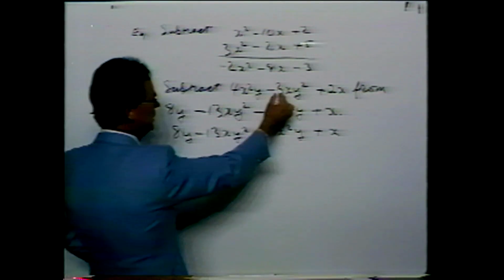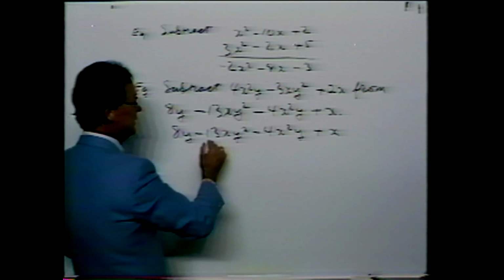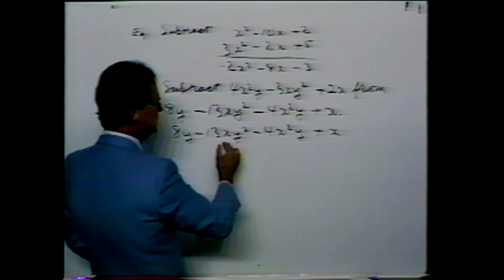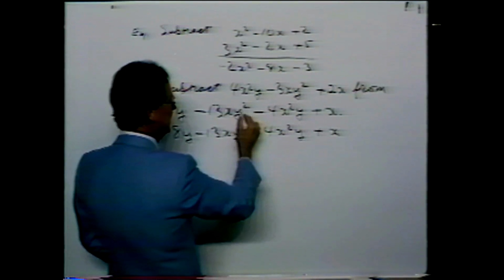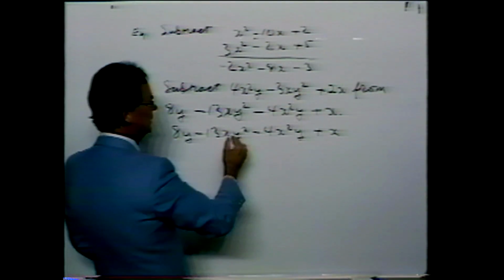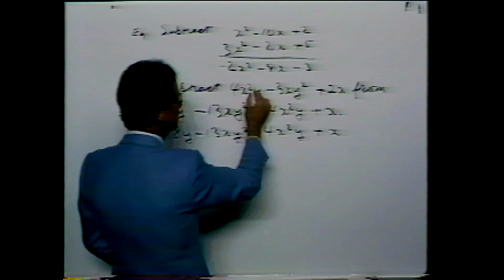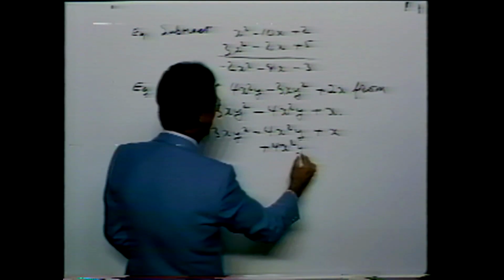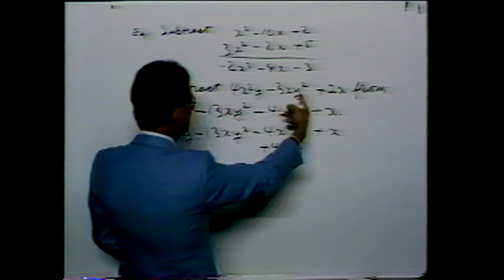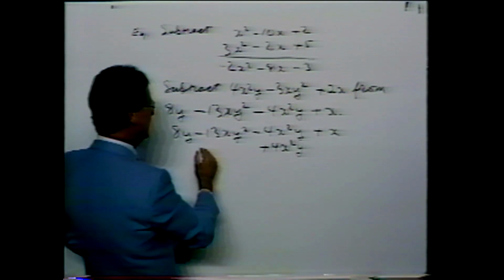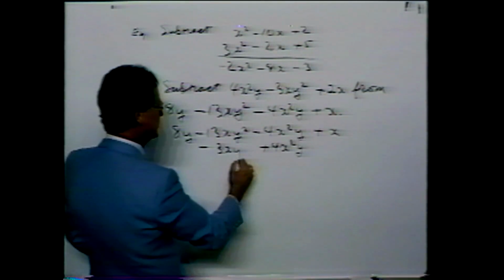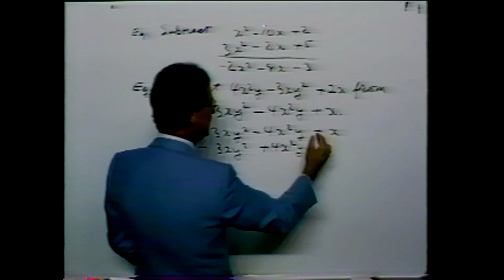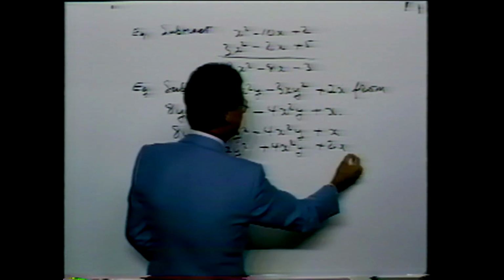Taking each term by term, placing them in the correct place, taking into account like terms, we have 4x squared y, and that must go over here, plus 4x squared y. The xy squared term goes over here, it's minus 3xy squared. And finally, plus 2x will go here.